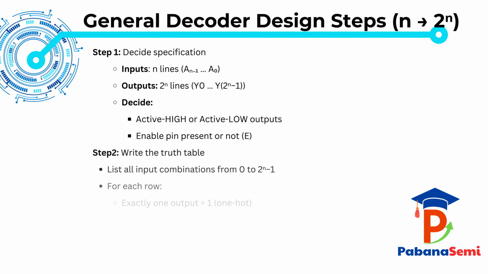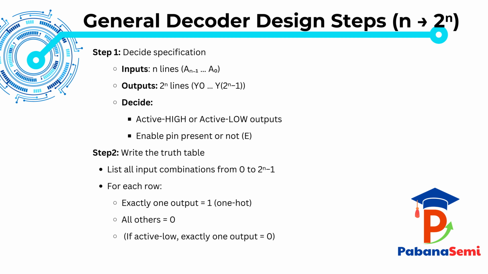Now let's look at the general design steps for any decoder, where n inputs produce 2 to the power n outputs. Step 1 is to decide the specification. First, confirm the number of inputs, which we represent as an-1 down to a0.